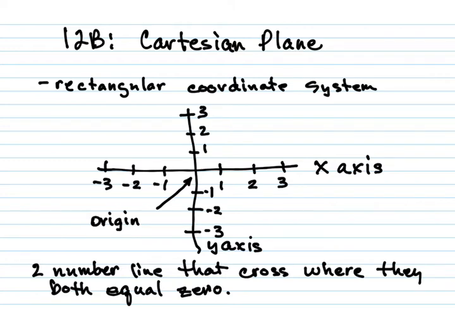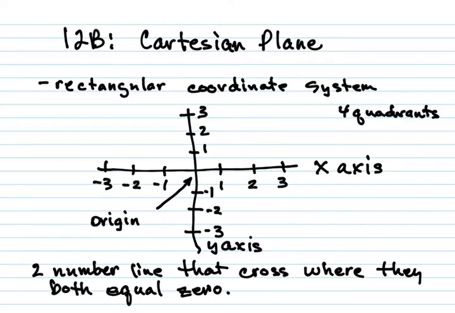All right. And now we can plot points on this graph using what are called their coordinates. And we'll talk about that in just a second. All right? Now, what this does is it divides the graph up into 4 quadrants. Quadrant meaning it's a quarter of the graph, right?